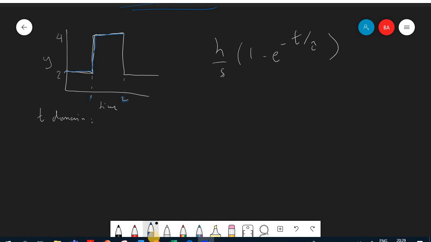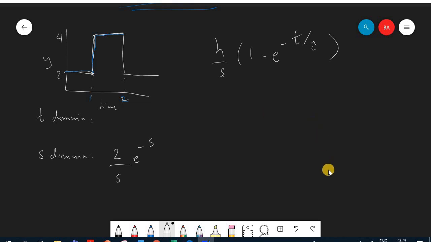which in the S domain, let me say that in the S domain, I don't know which one is easier for you to think of, is a step input that happened at 1 second. That is what happened in this place here.